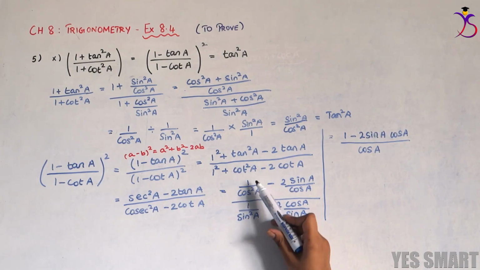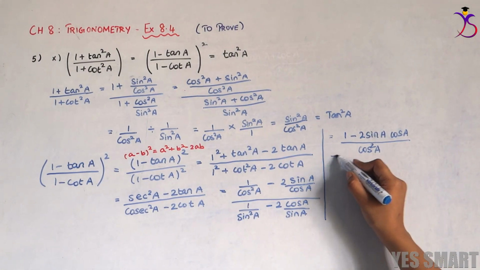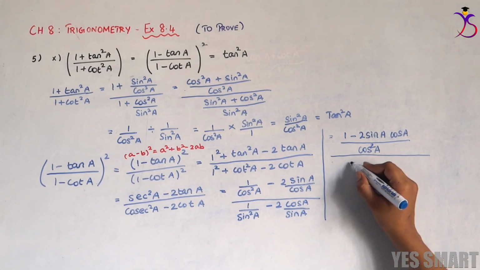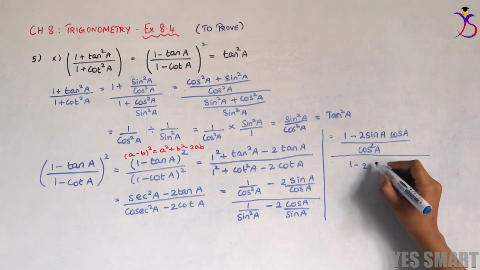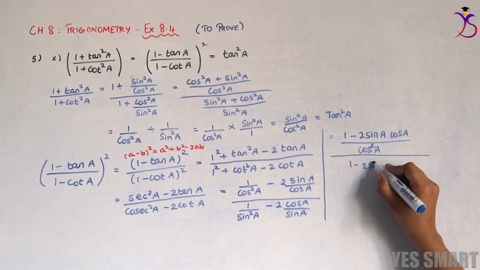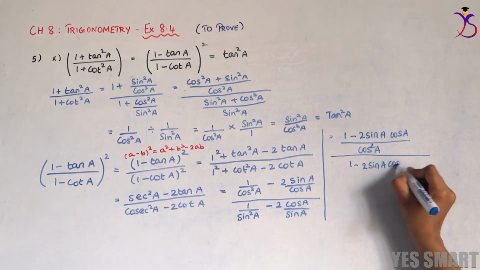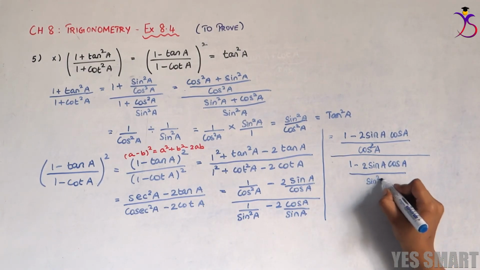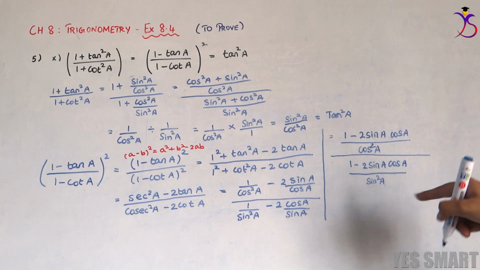So the LCM is cos square A, the whole divided by, same way for the denominator, 1 minus 2 cos A sin A, I am just rearranging and writing, sin A cos A by sin square A, because the second term has to be multiplied with sin A.